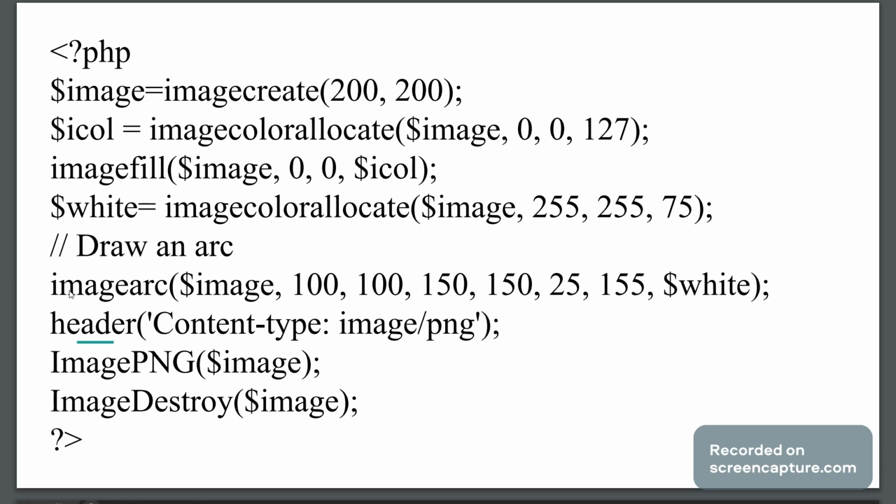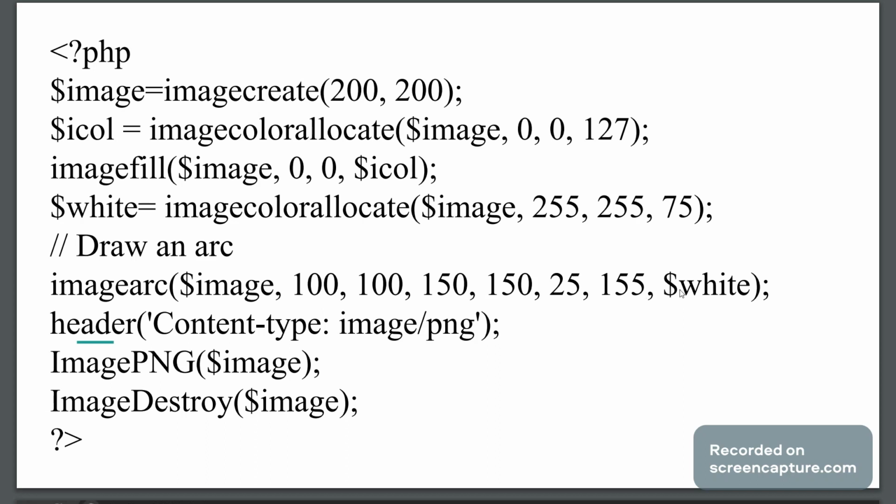We are drawing an arc with the image arc function on our image with the x coordinate of the center point as 100 and the y coordinate as 100. The width of the arc is 150, the height of the arc is 150, the starting angle is 25 and the ending angle is 155.